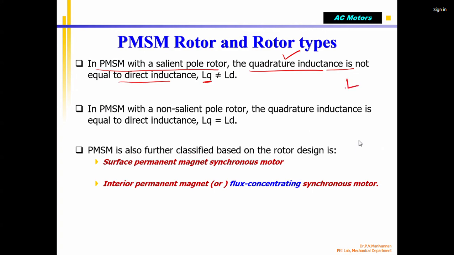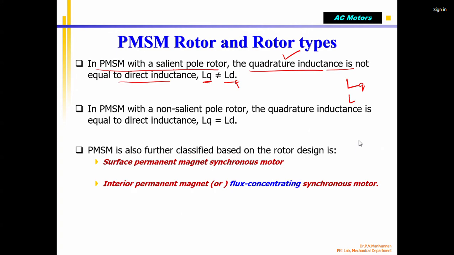Inductance symbol is L. The subscript Q means quadrature, and D means direct. There are two inductances in your rotor design, and that depends upon the shape of the rotor and what angle it aligns with respect to the stator magnetic field. Based on that, the inductance changes.